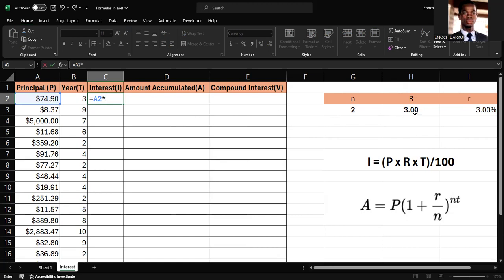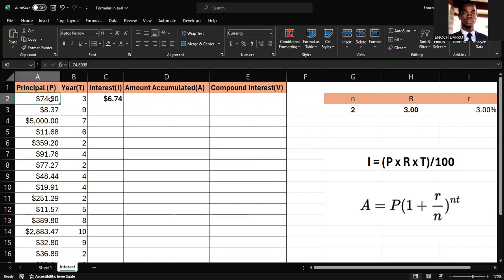We use this capital R for the simple interest, times our time, which is capital T. Now all divided by 100.